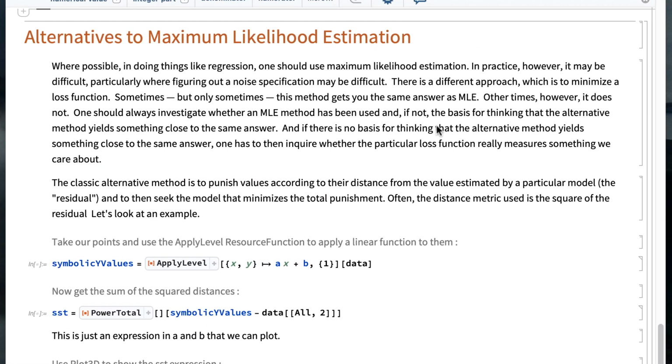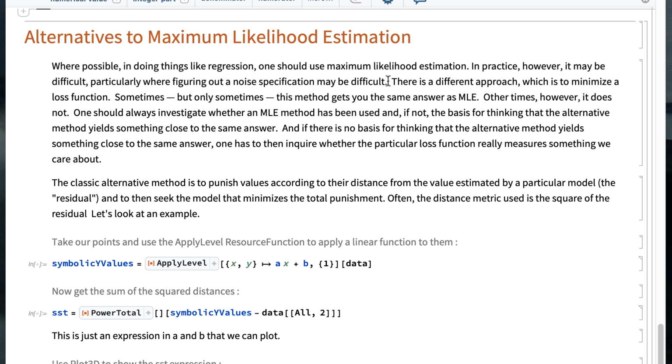I just showed you how to do regression the right way, using maximum likelihood estimation. And I showed how we can avoid some numeric errors that might otherwise occur by maximizing the log likelihood of the probabilities. However, sometimes this can actually get quite difficult, and there's an alternative approach which is based on a loss function.